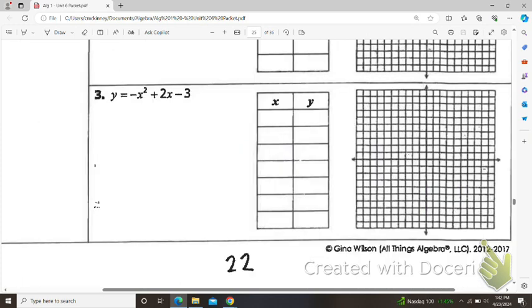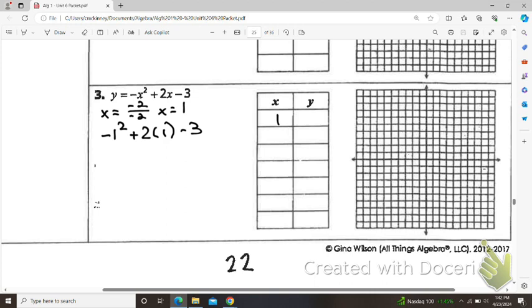Okay, number 3. So negative b over 2a again. So this would be negative 2 over negative 2. So x is positive 1. X is 1 again. So negative 1 squared plus 2 times 1 minus 3.